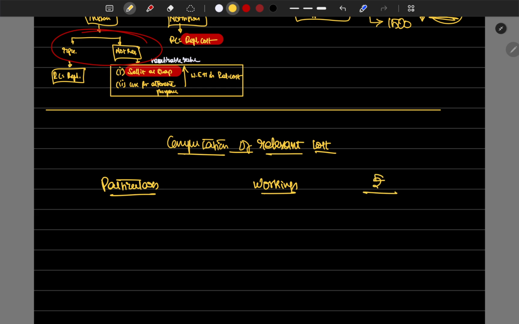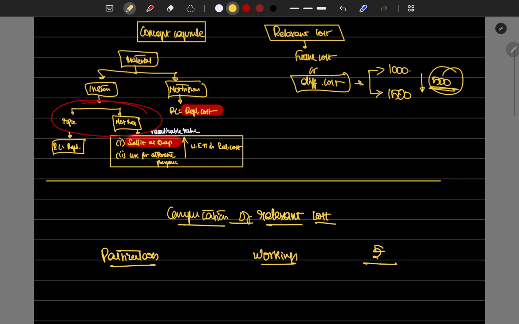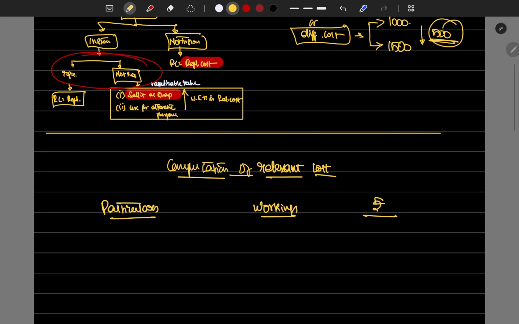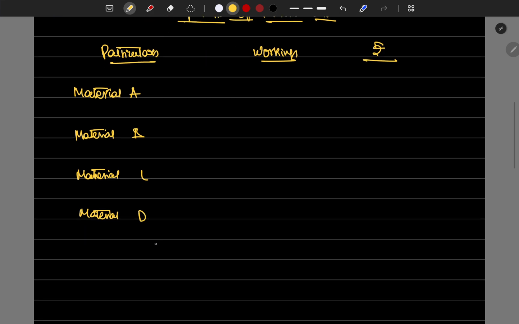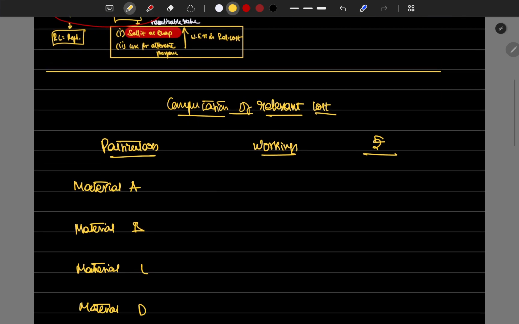Under particulars, materials: material A, material B, material C, material D. A total of four materials have been given.